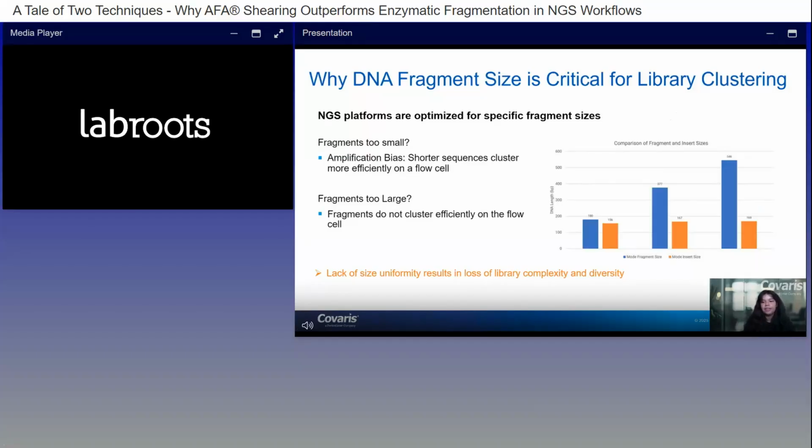In fact, you can see this data here showing that amplification bias can lead to smaller insert sizes regardless of your fragmentation parameters. On the other hand, fragments that are too large will not cluster efficiently on the flow cell and end up being underrepresented in your data. So either way, a lack of shearing uniformity results in a loss of library complexity and library diversity.